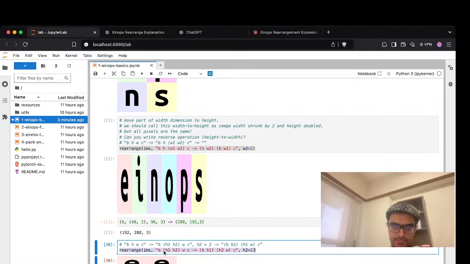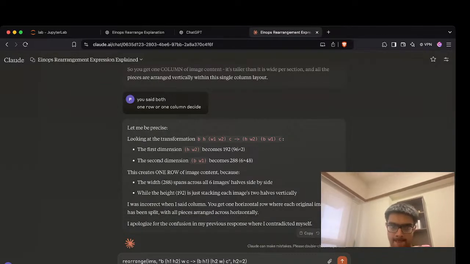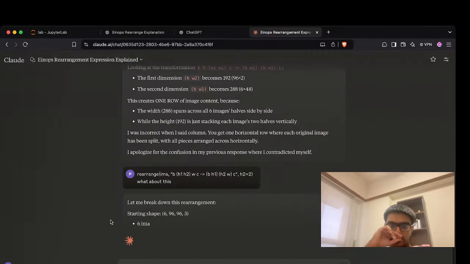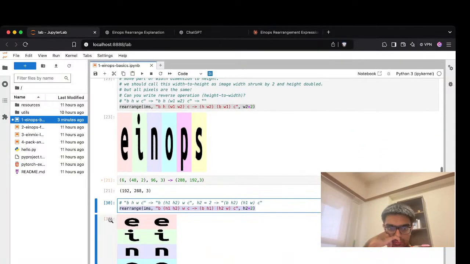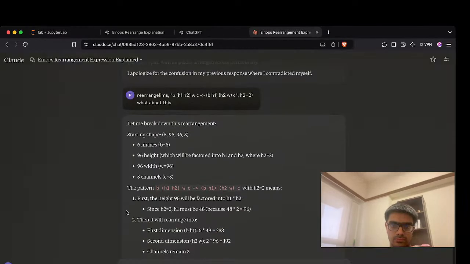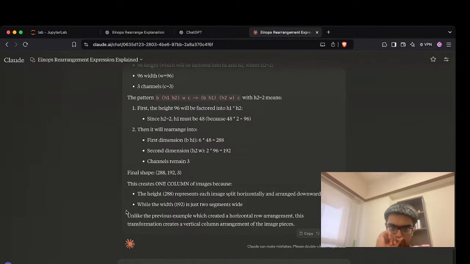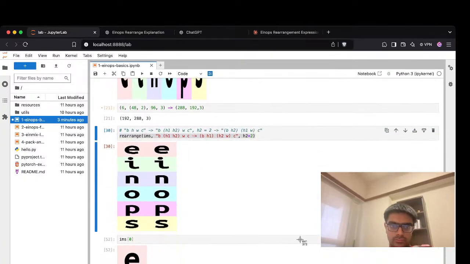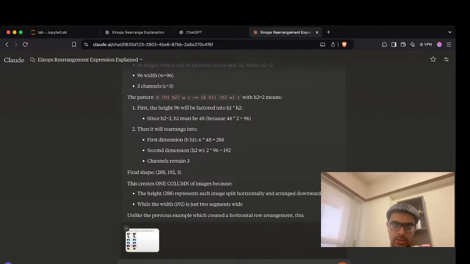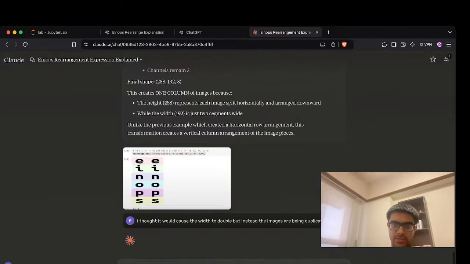What about? I thought it would cause the width to double, but instead the images are being duplicated.